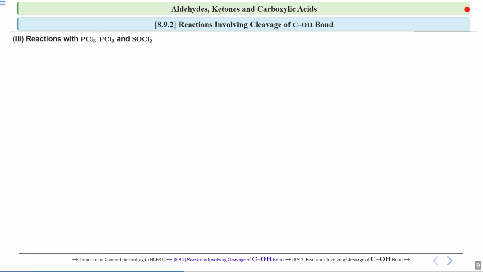Now, next we are going to study the reactions with PCl5, PCl3 and SOCl2. So if you see over here, carboxylic acids, which are represented as RCOOH, are converted into acid chloride, which is RCOCl.